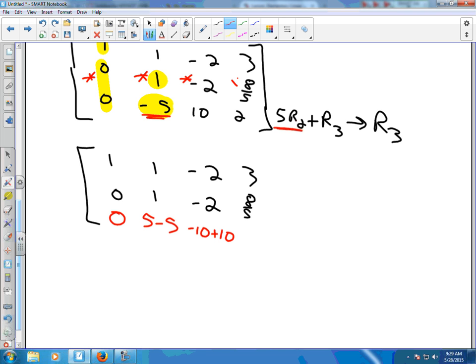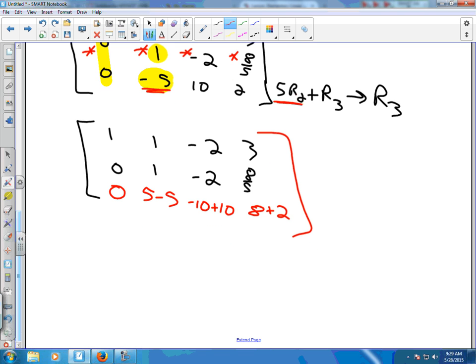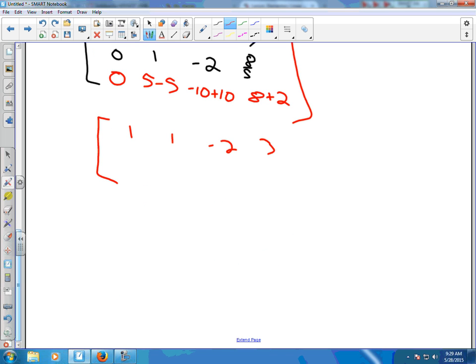Then our last column, 5 times that, plus row 3. So if we do that, we get 1, 1, negative 2, 3. 0, 1, negative 2, 8 fifths. 0, 0, 0, 10.